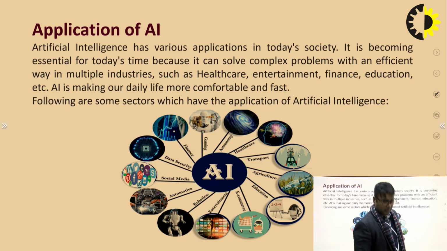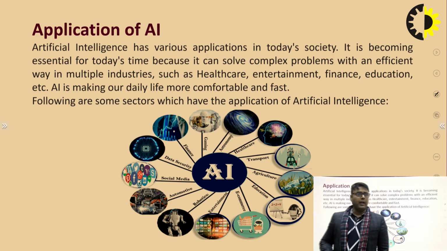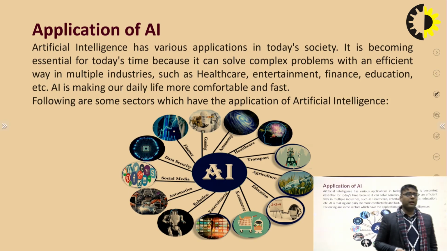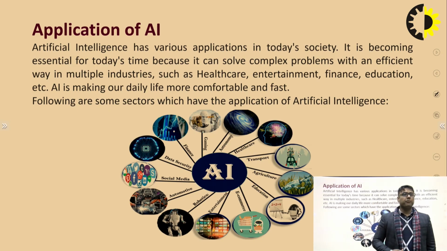Basically, the whole world is dependent on AI. All our work, all research, all topics are related to the AI field, or applications related to AI, working in different areas.